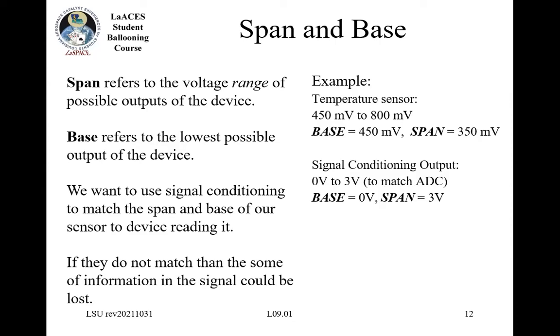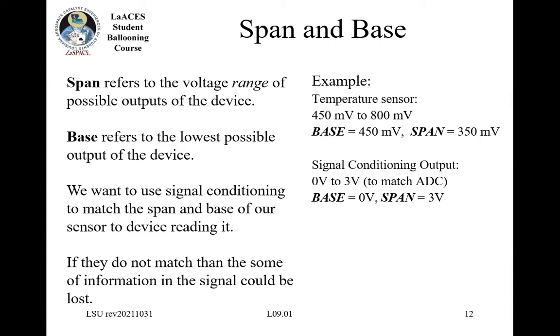It's the minimum value and the maximum value, how wide that is. The base is the lowest possible output you can get. And what we're going to do often is use some sort of signal conditioning circuit to match the span and the base of our sensor to the device that's reading it.